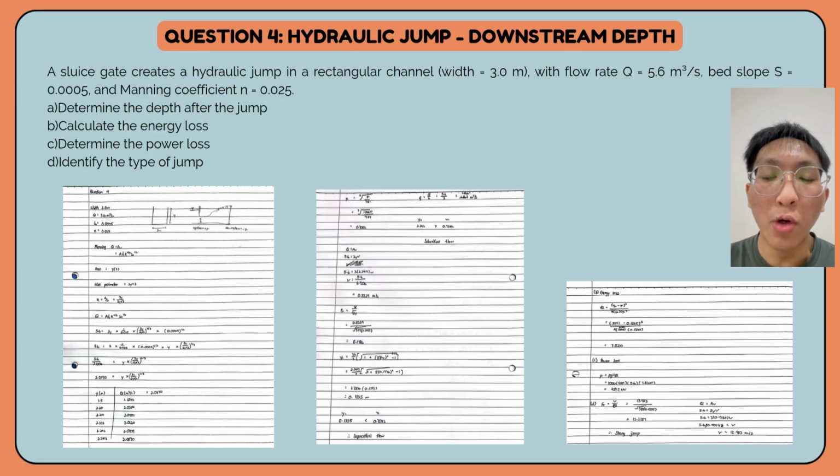So we put the velocity inside the Fr equation and use the calculator to calculate it. Lastly, we will get the answer 12.2187, so that we can consider it is strong jump.